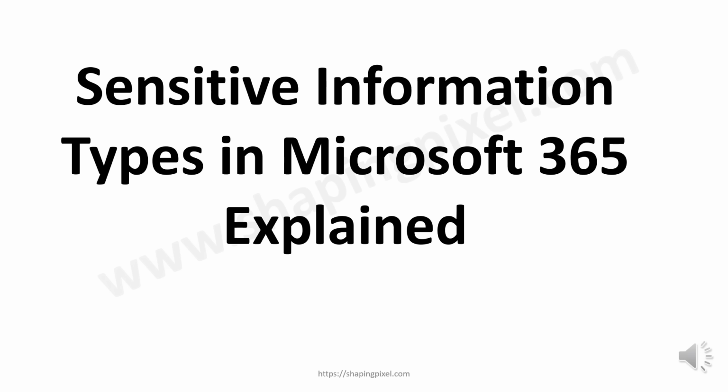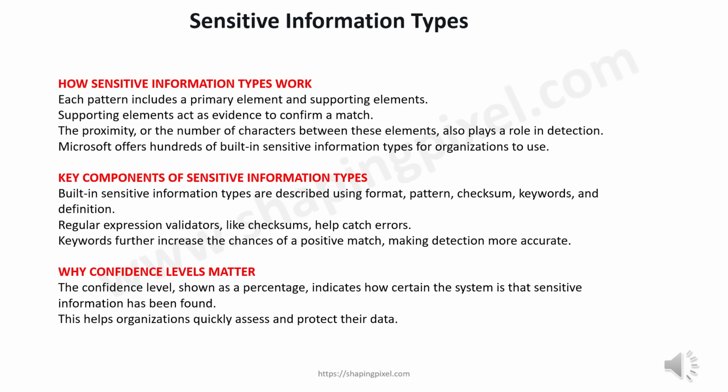Sensitive information types in Microsoft 365 explained. Organizations handle a wide range of data, from addresses to credit card numbers. To keep this information secure, they rely on a system called sensitive information types, which help classify and protect sensitive data.